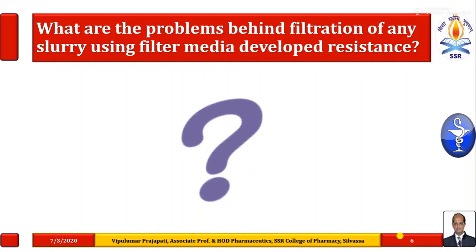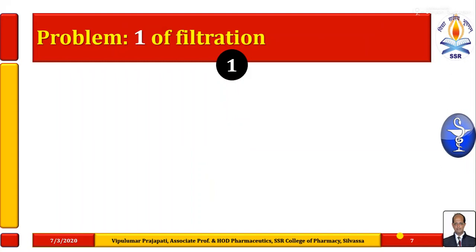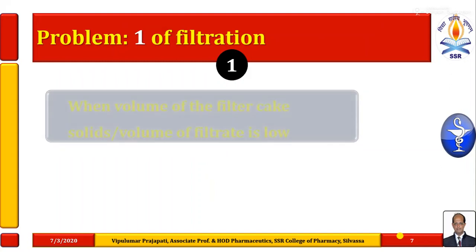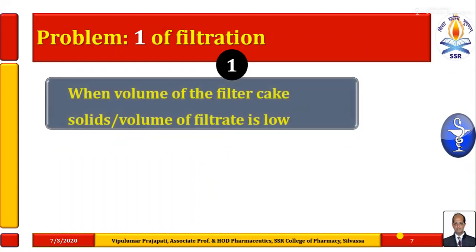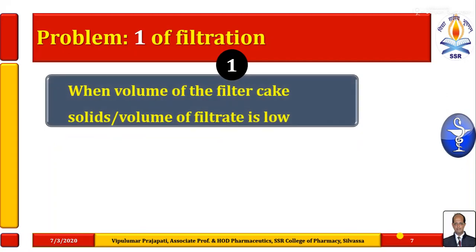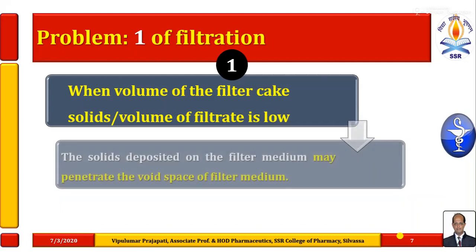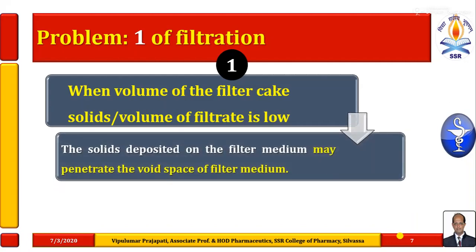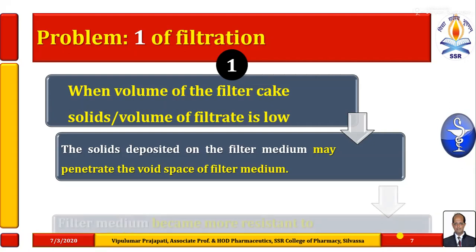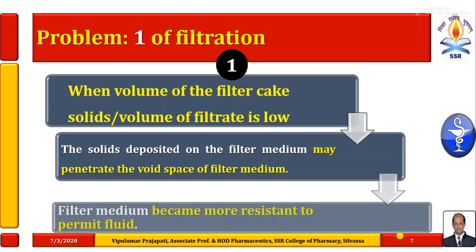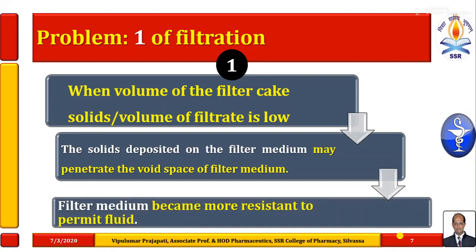What are the problems behind filtration of any slurry using filter media developed resistance? This is the question in mind. So first problem of filtration is when volume of filter cake solids per volume of filtrate is low, the solids deposited on the filter medium may penetrate the void space of filter medium, means inside the pores of filter medium, and hence it blocks or clogs the filter medium.